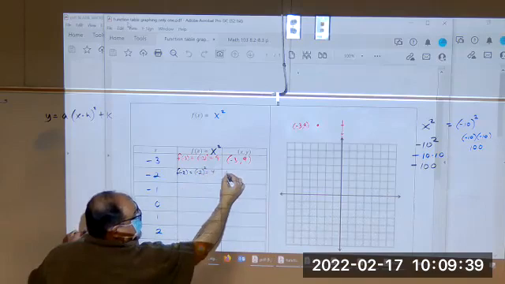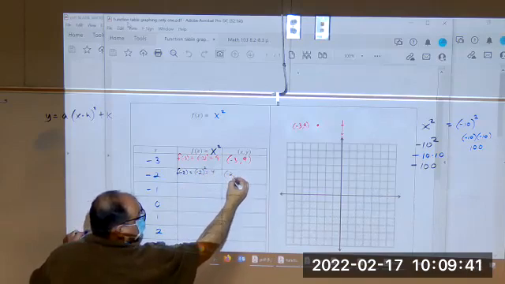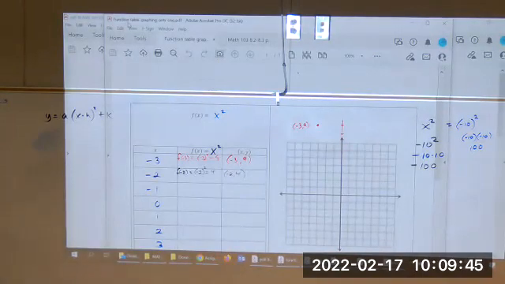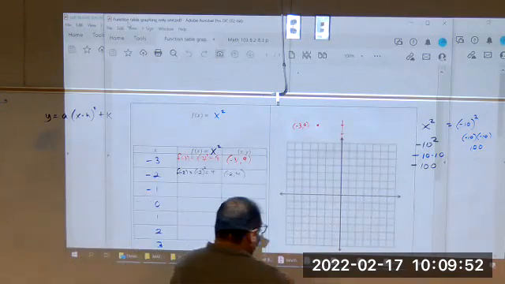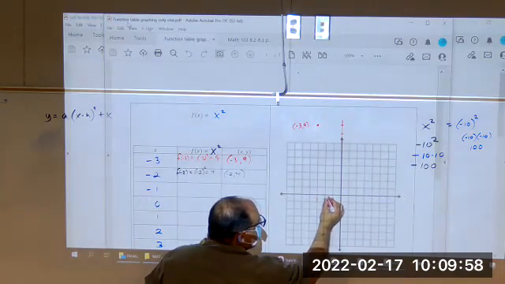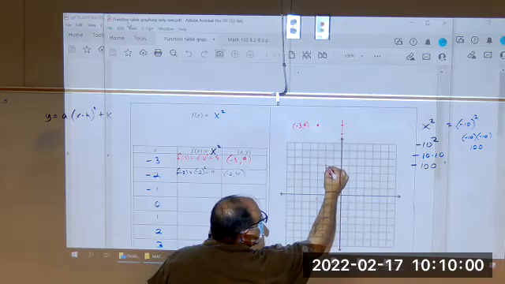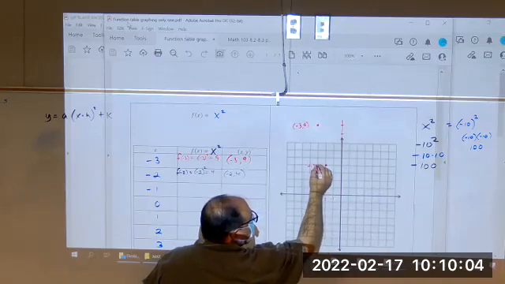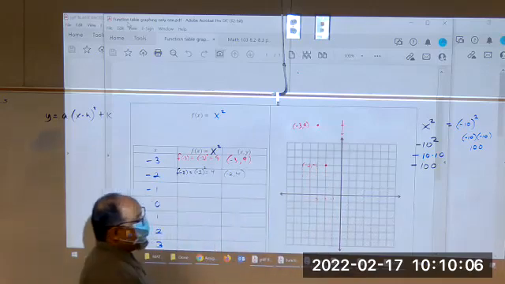So when the x is -2, the y is +4. So here, when x is -2, then this y value is up here at +4. For each pair, we label.